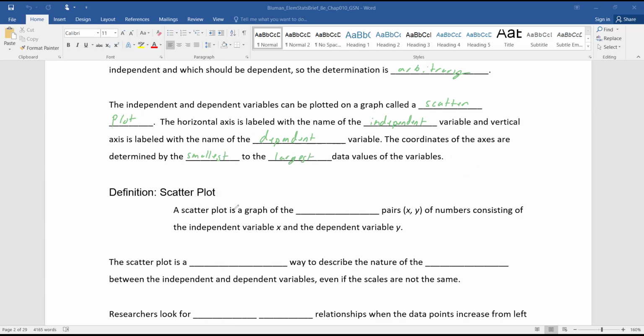So a scatter plot is simply a graph of the ordered pair (x, y) of numbers consisting of the independent variable x and the dependent variable y. The scatter plot is a visual way to describe the nature of the relationship between the independent and dependent variables, even if the scales are not the same.